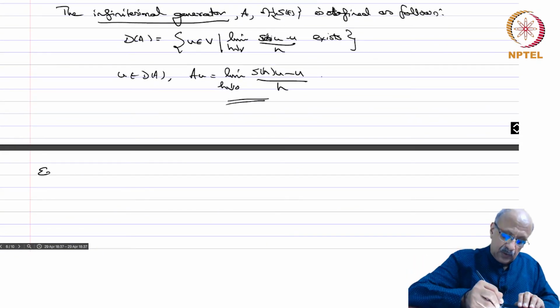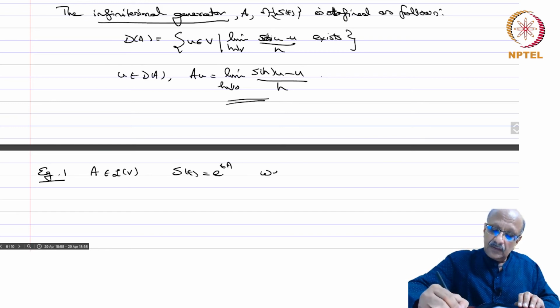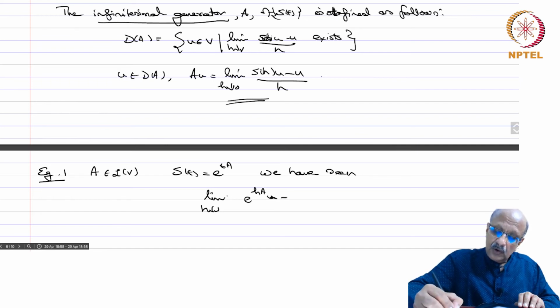Okay, so example 1. You have A in L(V), a bounded linear operator, and you have S(t) equals e power tA. Then we have seen that the limit as h goes to 0 of (e power hA u minus u) by h equals Au.